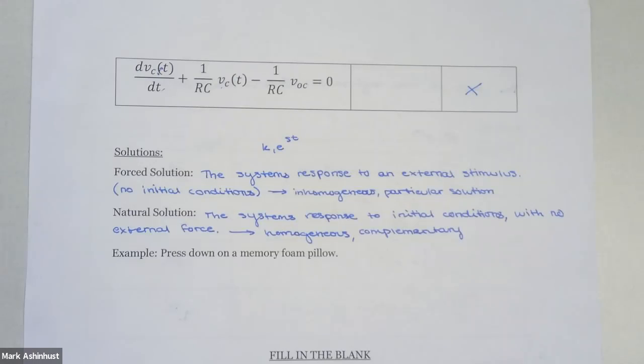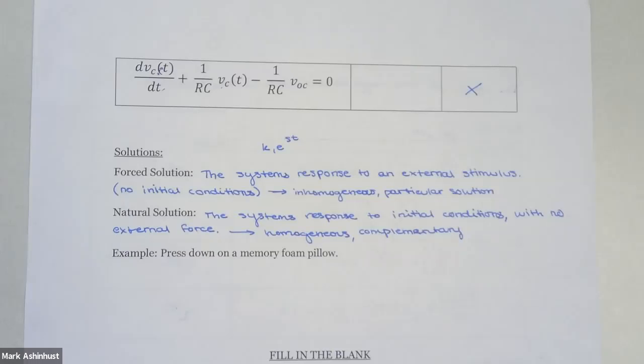So you could think of the two different things. Your forced, particular response is you, the external stimulus, pushing your hands into the pillow. The forced response is the pillow sinking in because you pushed on it.